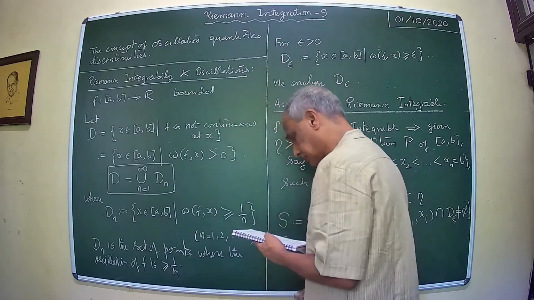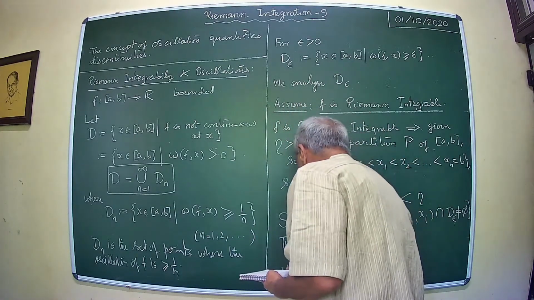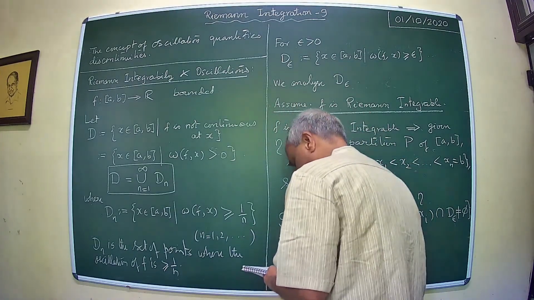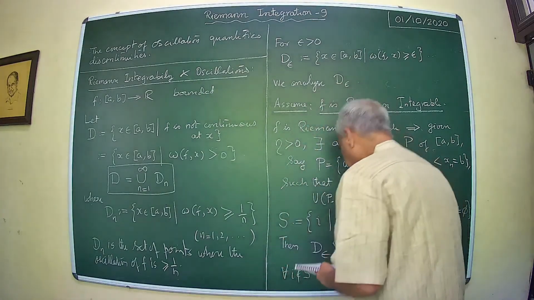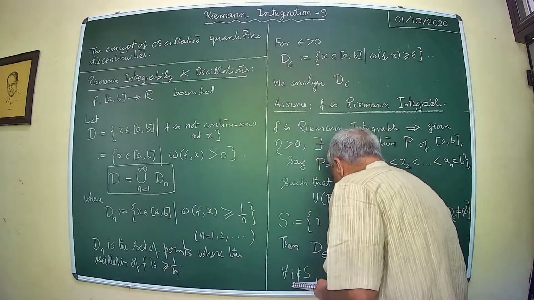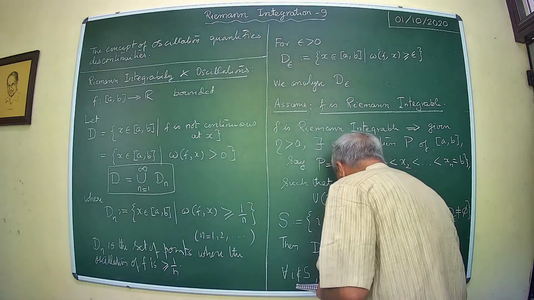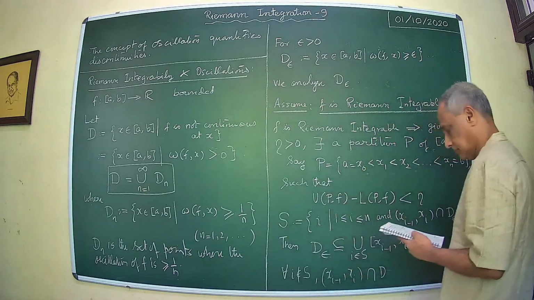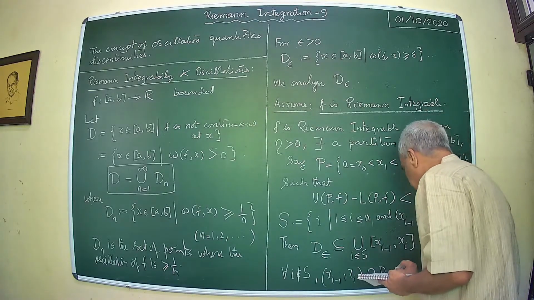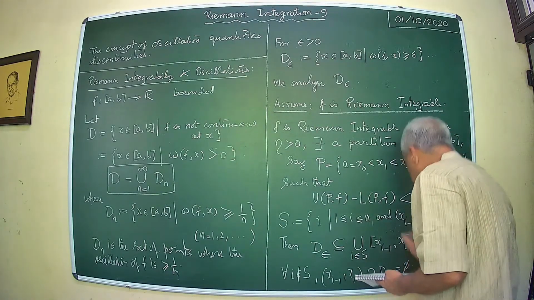And for every i not in S, the interval (x_{i-1}, x_i) intersection D epsilon is empty.